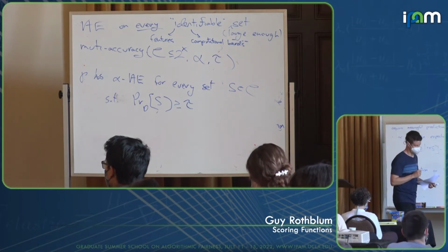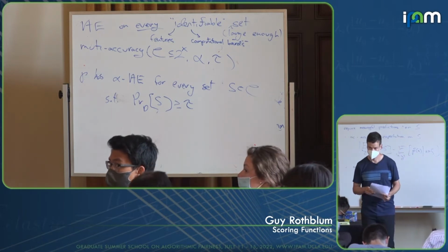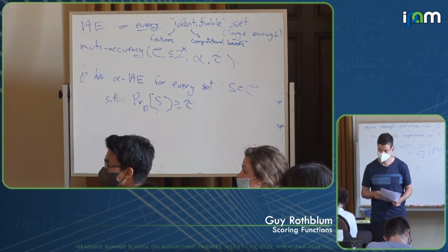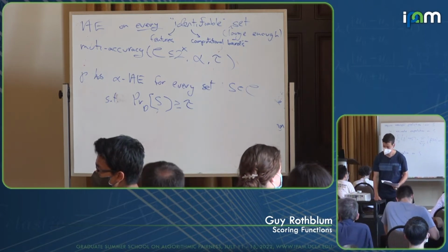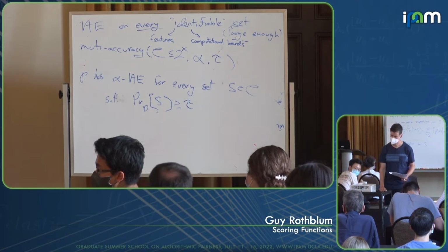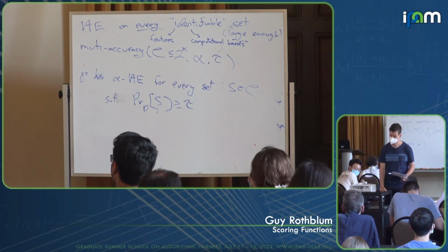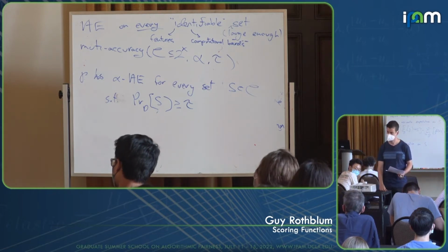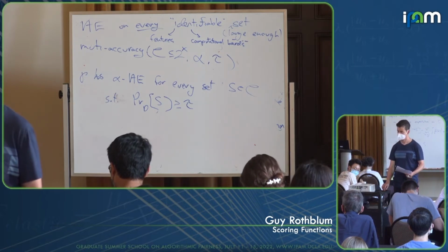I don't know what it means to be identifiable with polynomial complexity, but I wonder if it's the same as what I was going to say. If, instead of a collection of sets, you take a collection of observables, which are polynomial, and you condition on the values of these observables being approximately correct, then the difference between the expectation of whatever thing you're measuring conditioned on that and the true expectation is less than alpha.